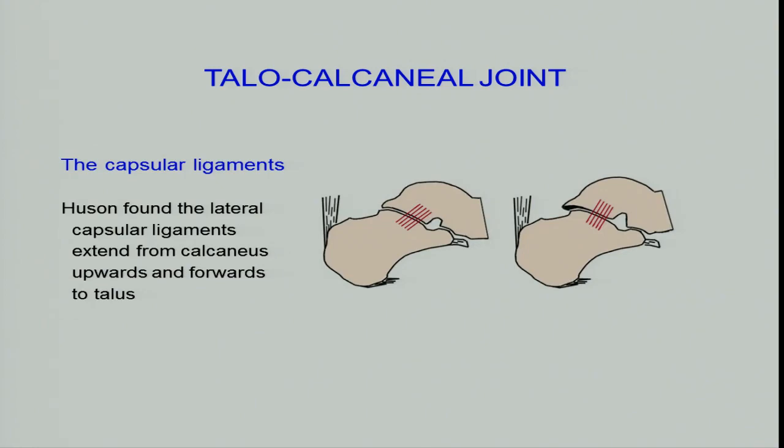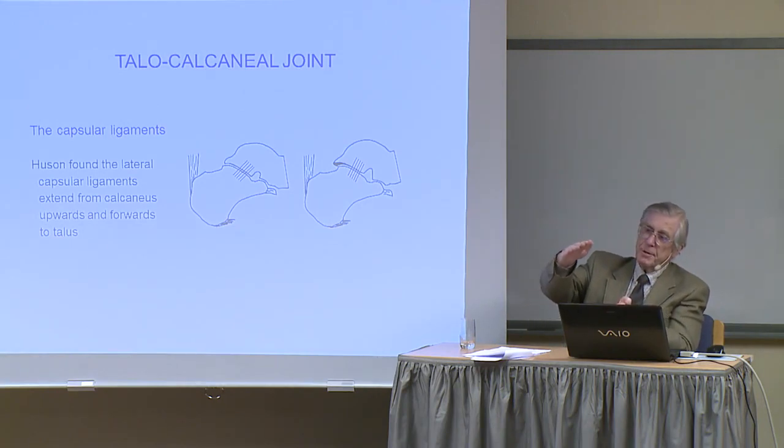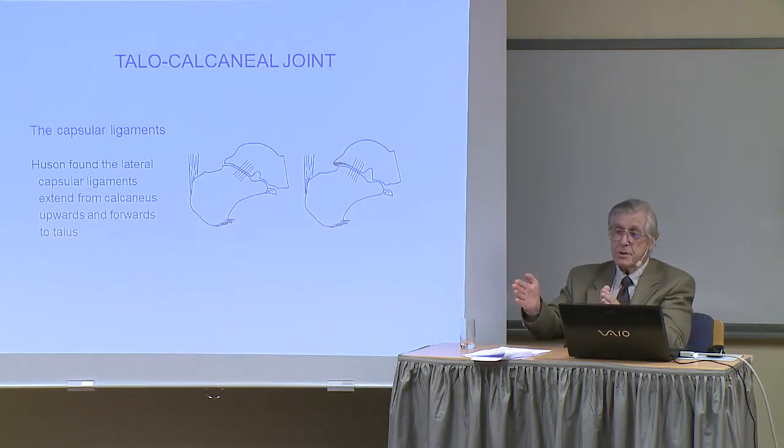Huson also very cleverly noticed that the capsular ligaments of the talo-calcaneal joint remained tight throughout its range of movement. The ligament was oblique, and therefore, if that happened, the distance horizontally would decrease.